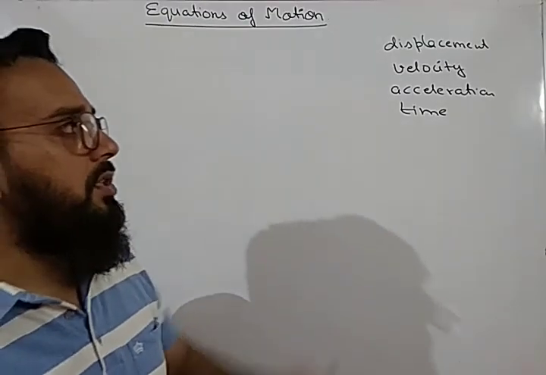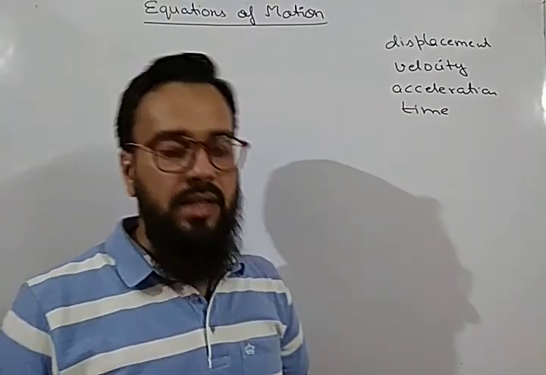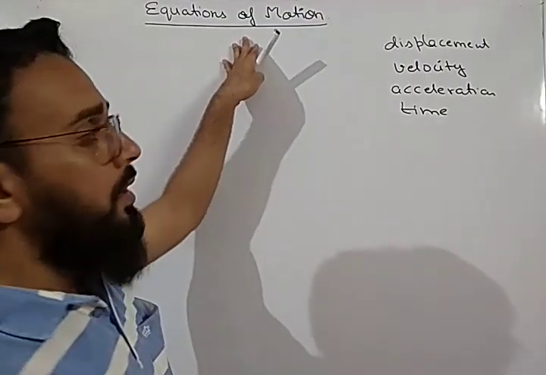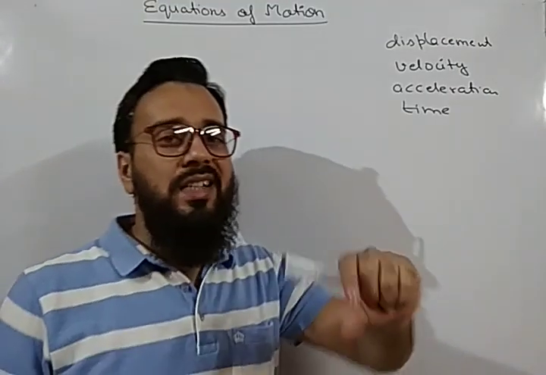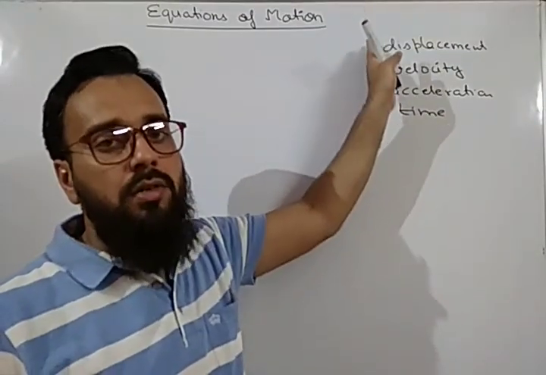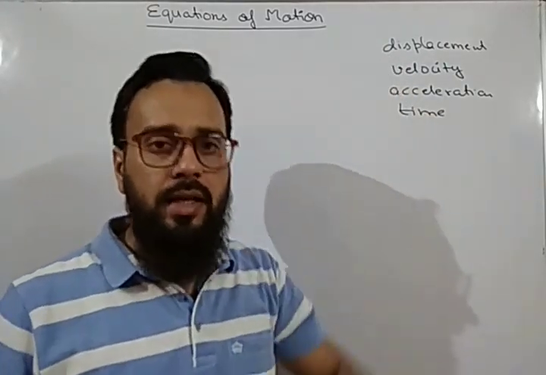These three terms, displacement versus time graph, velocity versus time graph, and acceleration versus time graph, we have already discussed. So now what are equations of motion? Equations of motion are such equations in which there is some relation between these particular terms. Relation between displacement, velocity, acceleration and time.